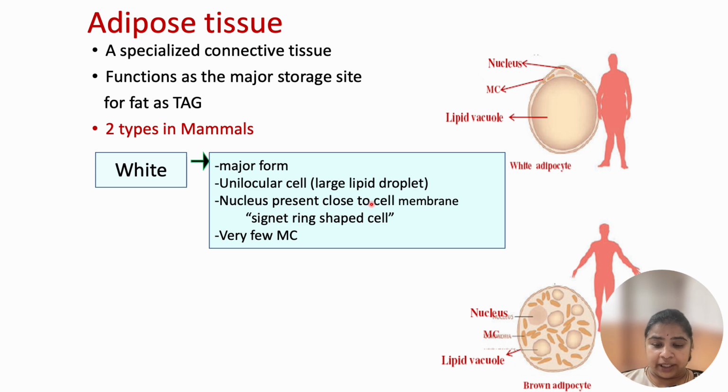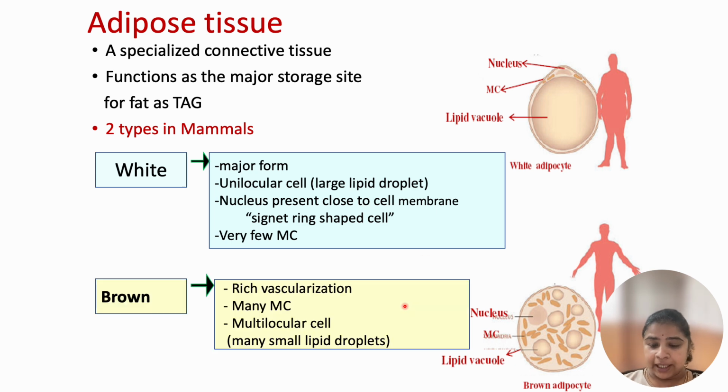Now, in contrast, brown adipose tissue has more mitochondria in comparison to white adipose tissue, and the lipid droplet is not one big fat globule. Instead, it is broken down into smaller globules or smaller droplets and stored.